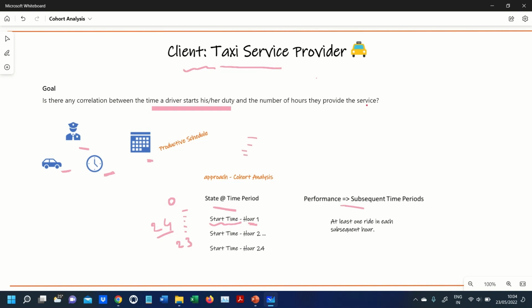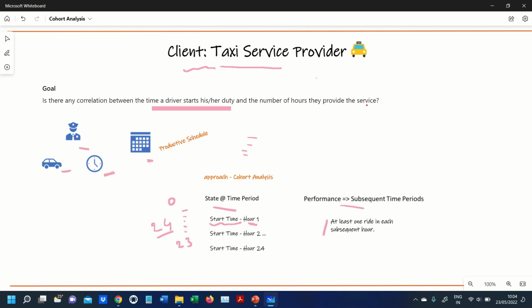Then we say that either the driver is taking a break, or we can consider that the driver is unavailable at that point. So the performance indicator is whether the taxi was used or booked in a particular hour. So that is our performance indicator.